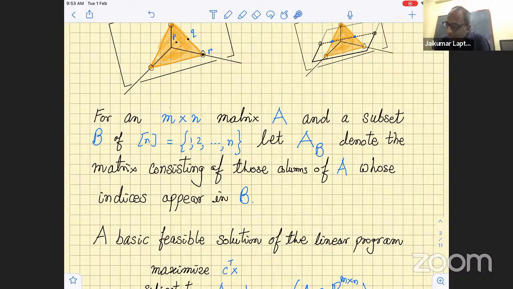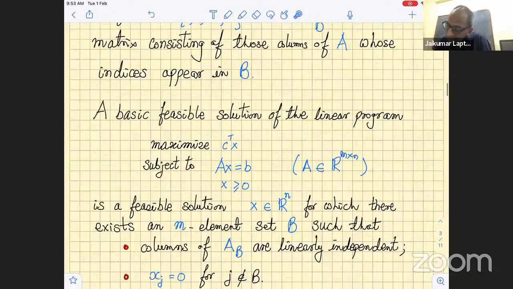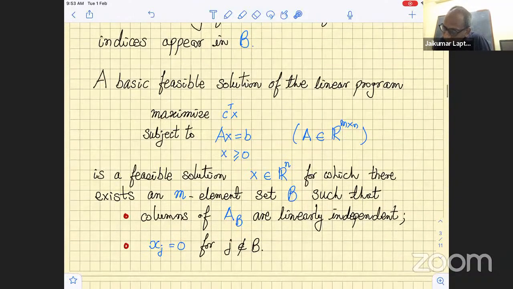Okay. So what's a basic feasible solution? Look at a feasible solution of this linear program, which is in equational form.